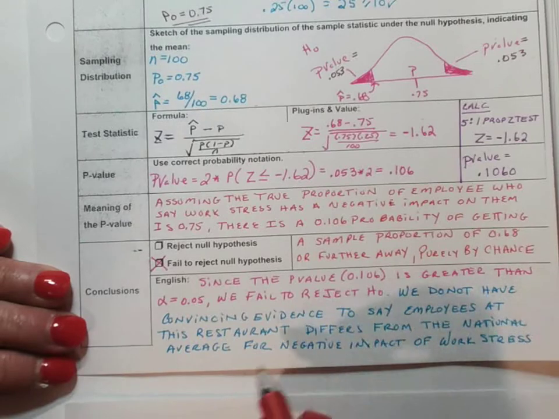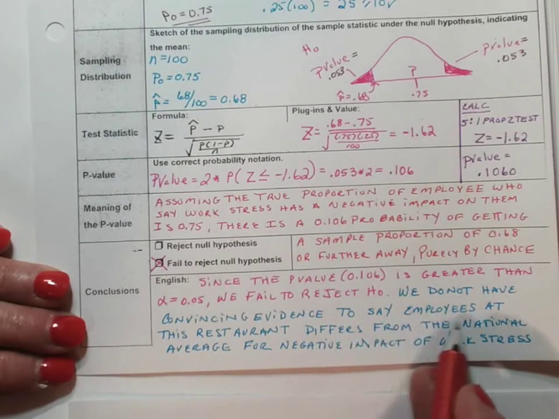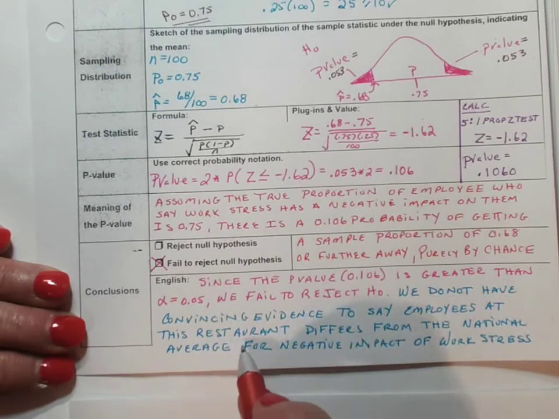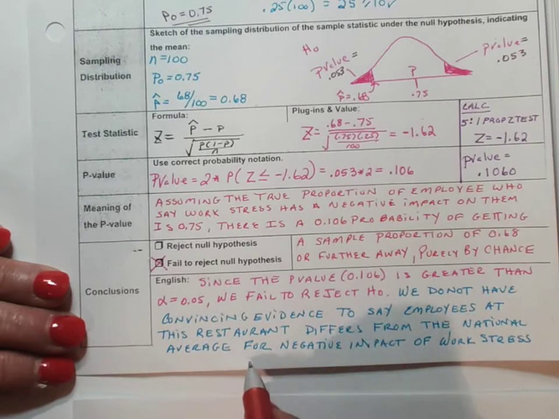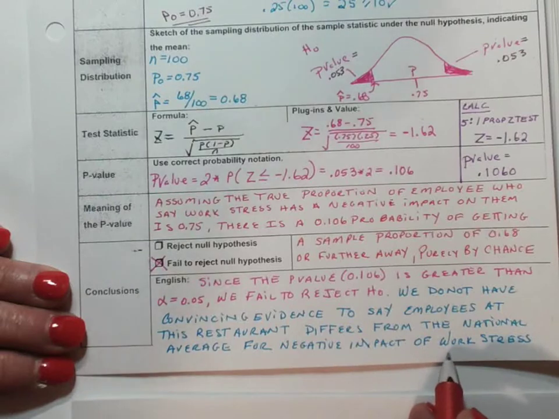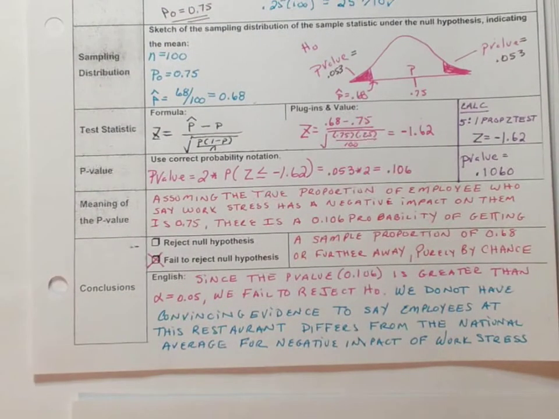We do not have convincing evidence to say employees at this restaurant differs from the national average for negative impact of work stress. All right, so that's just going through the template for a two-tailed test. And now we're going to go to the next question on this worksheet.